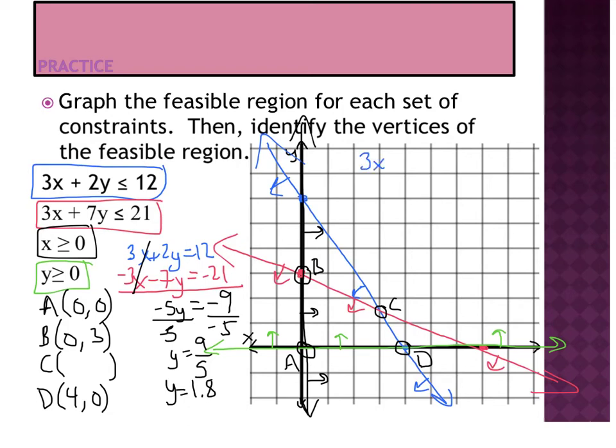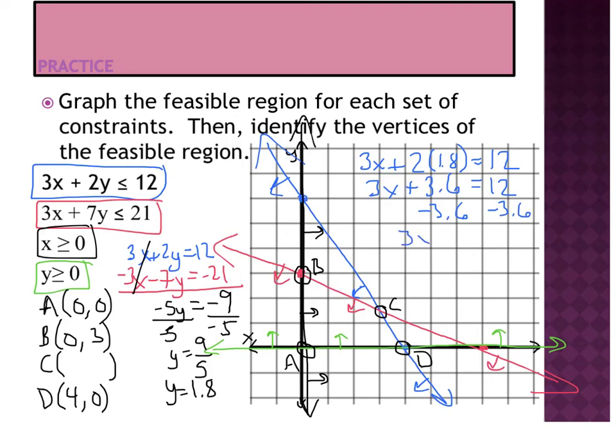So we have 3x plus 2 times 1.8 equals 12. So 3x plus, and then 2 times 1.8 is going to give me 3.6, which equals 12. And we're going to subtract the 3.6.